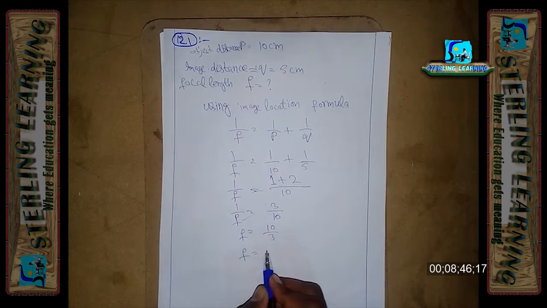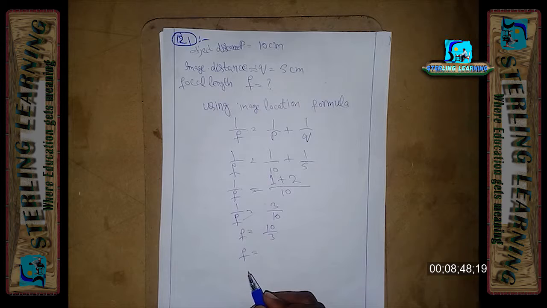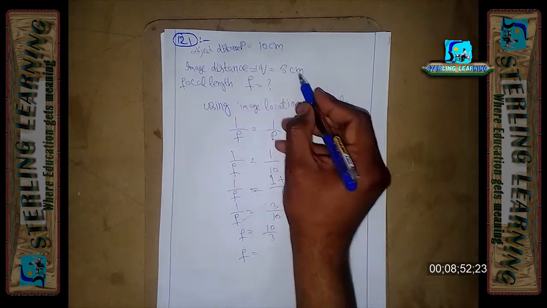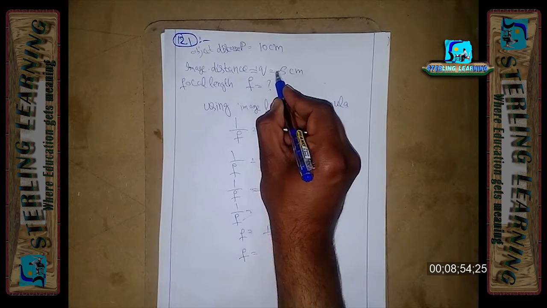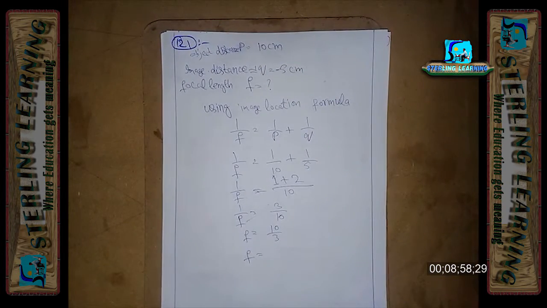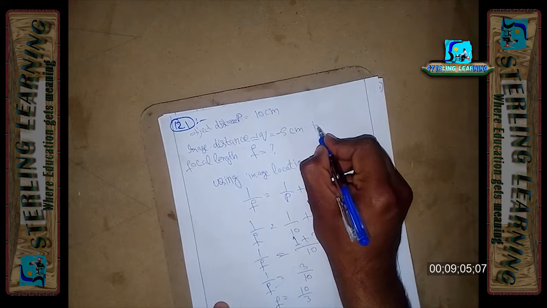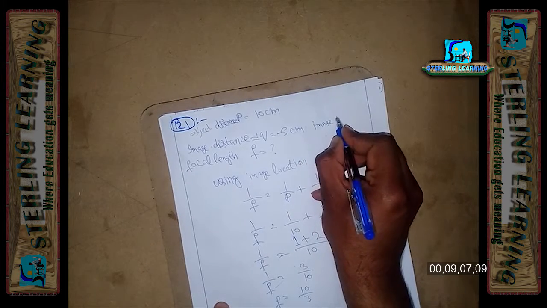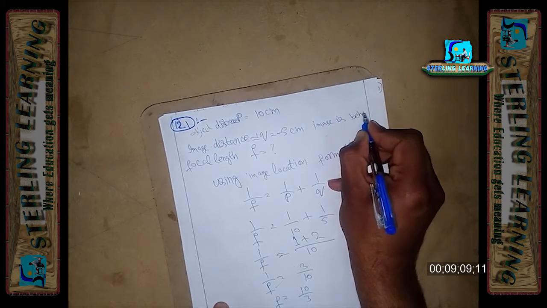F is equal to, okay, here Q is minus 5 centimeter because the image is behind.